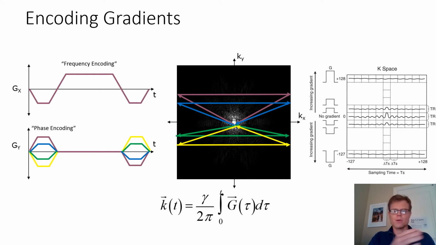And then when we're doing our frequency encoding gradient, we're reading out the data in the kx dimension of our data matrix, or our data space.